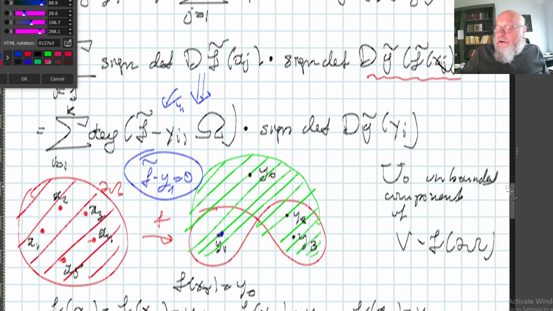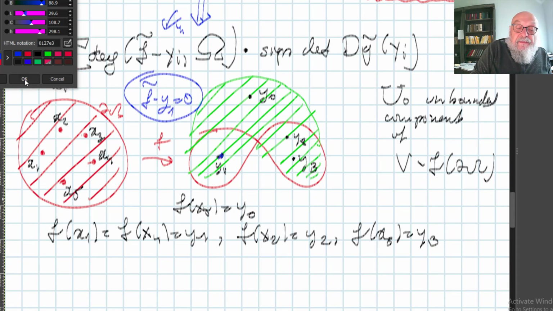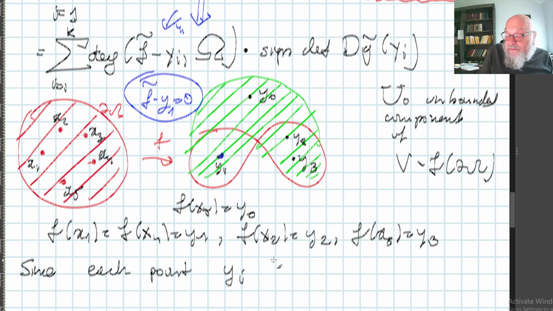So that's it. Let me continue, and we have already the component E0, since each point yi belongs to a component, and we don't know which one, so let's simply write it.